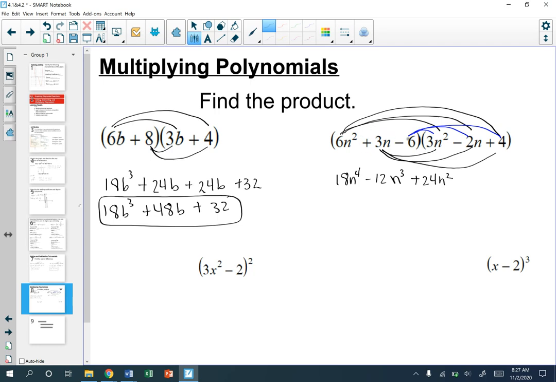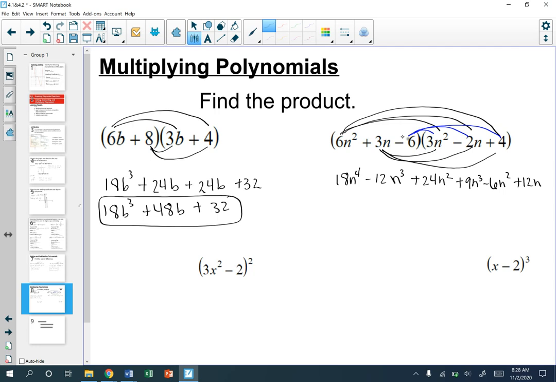Now I move on to that 3n. 3n times 3n squared gives me 9n cubed. 3n times negative 2n is going to give me negative 6n squared. And then I have 3n times 4 gives me plus 12n.